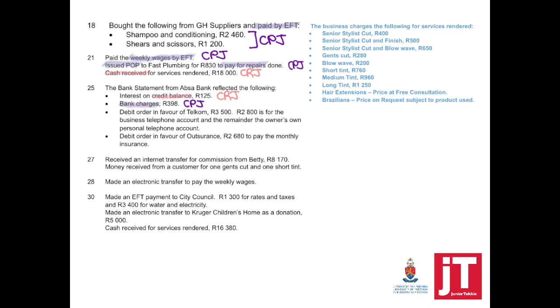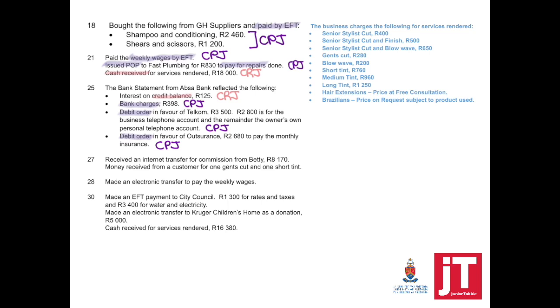Bank charges, CPJ. Debit order, CPJ. Debit order, CPJ. A reminder, a debit order is an instruction to a third party that money may be deducted from my account at the end of the month so that I can pay them. I don't have to do it myself then. That money will come automatically off my bank account. So it's a lot more convenient.